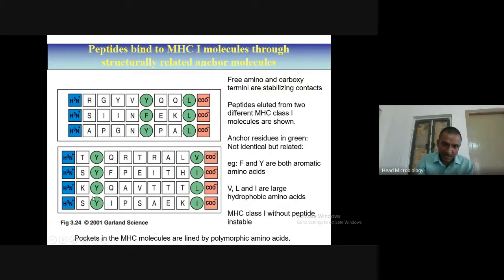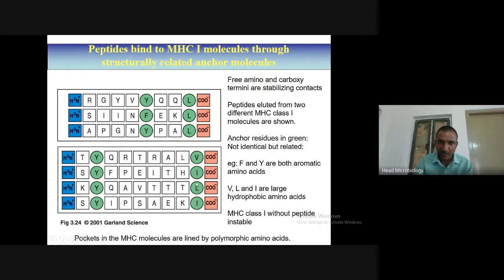But in the second sequence, there is Y, here F and Y, and here LL is similar. In another case, YY are different.